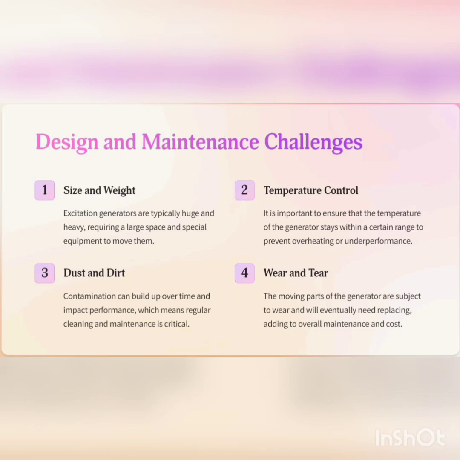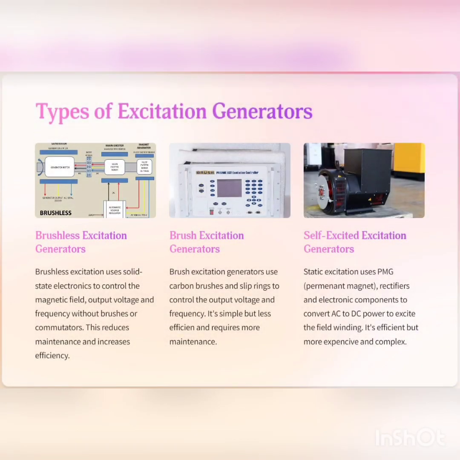Moving on to the next slide, there are a few types of excitation used in the Malaysian market such as brush, brushless, and self-excited excitation generators. There are pros and cons to every type of excitation generator, with brushless providing less maintenance and increased efficiency, while the brush type is simpler, but less efficient and requires more maintenance.